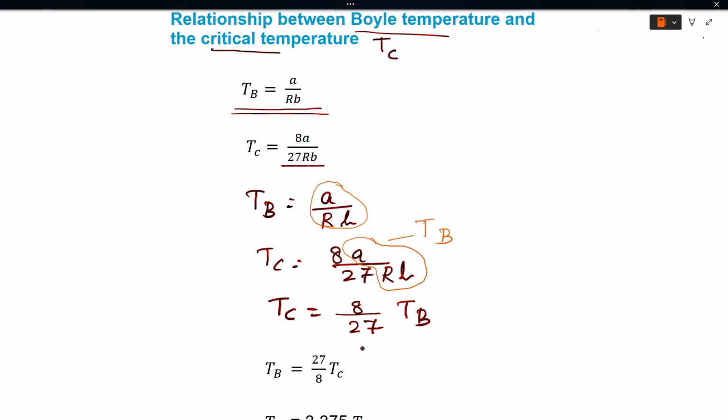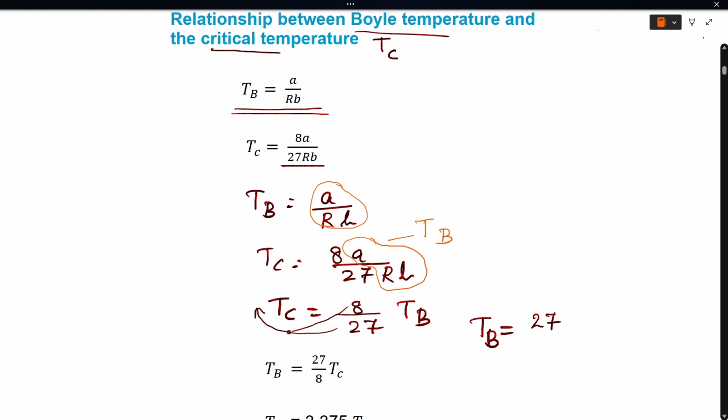Now I am going to represent it in terms of TB. TB I will retain here. When this 27 is taken to the other side, since it is in the denominator, it goes to the numerator, and 8 being in the numerator goes to the denominator. So, 27 by 8 into TC.